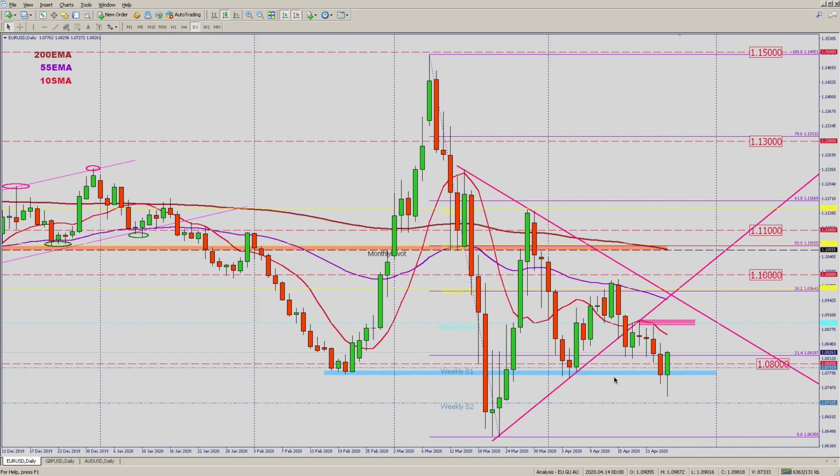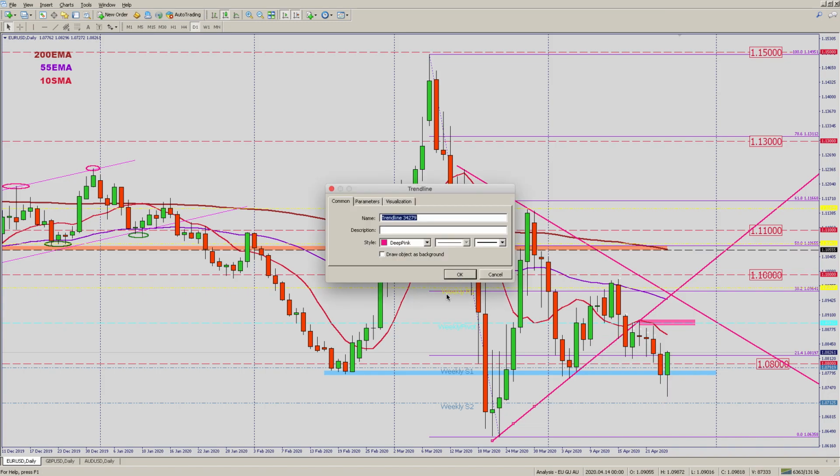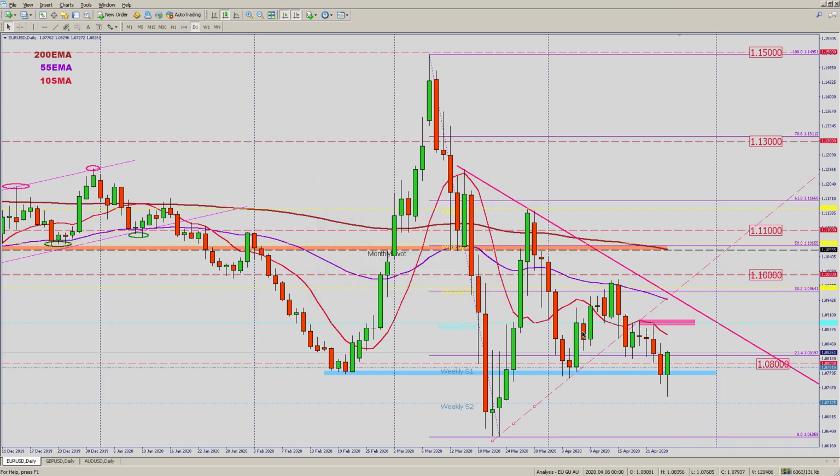Now it's already fallen out of the symmetrical triangle, and let's see, we could possibly identify another pattern here that happens to be drifting lower.